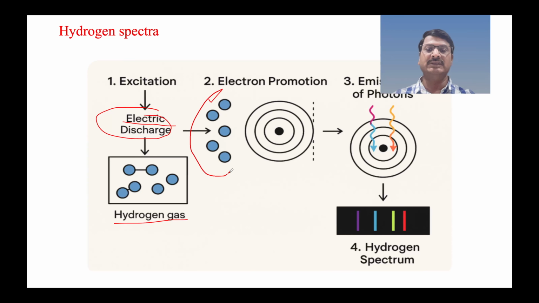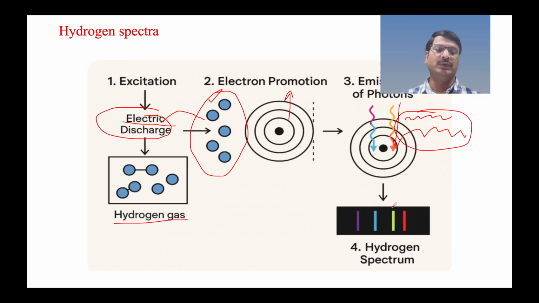After that, these hydrogen atoms will absorb some more electrical energy, and in that process the ground state electron will move into the excited state, and after that the excited electron will come back into the ground state. When it comes into the ground state, it will release different wavelength lights, and these wavelength lights fall onto the photographic plate.